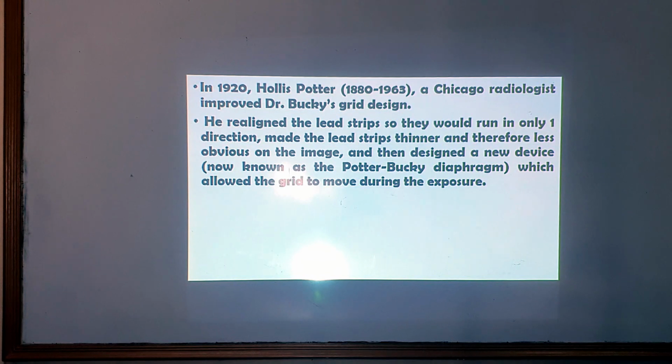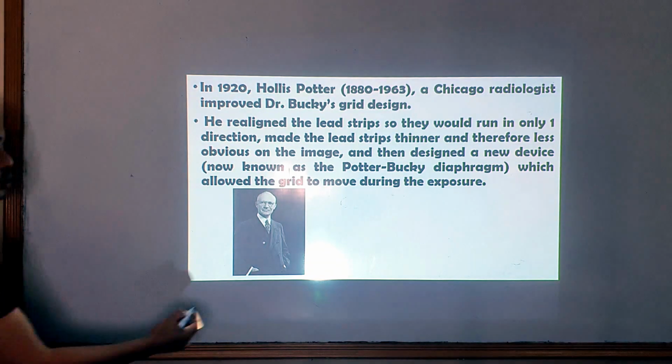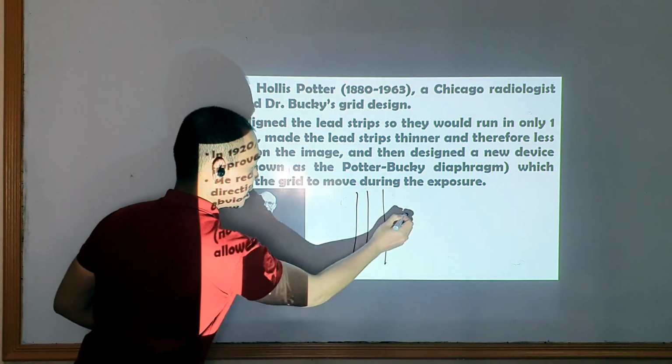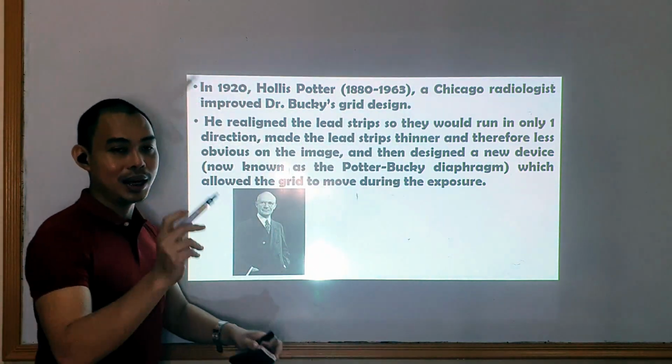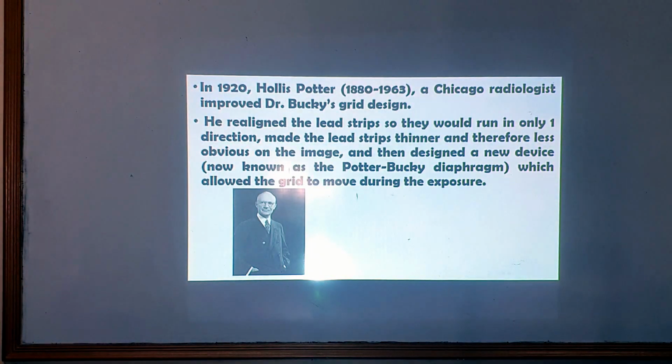So, what did he do? This is him, Hollis Potter. He realigned the lead strips so that instead of 2 directions, which was like this, he realigned it in 1 direction. Made the lead strips thinner because the other one was thick and therefore less obvious in the image.